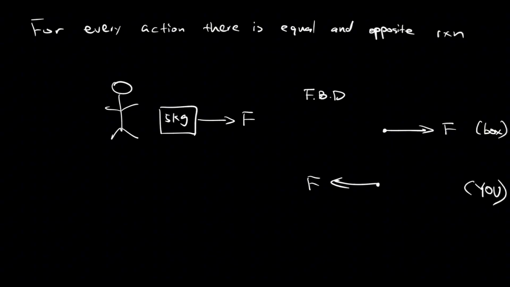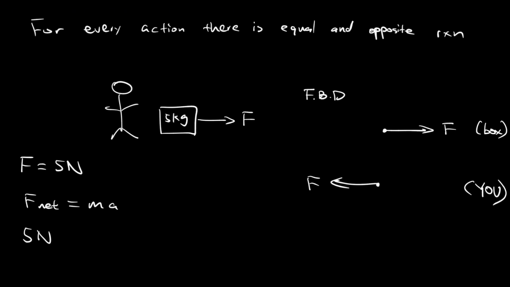So where do we go from this? Well, let's do some simple calculations. Usually in a physics problem, they will give you the force. So let's say the force is 5 newtons, and I'm going to connect Newton's third law with Newton's second law. Newton's second law, in simplified version, states the net force equals ma.